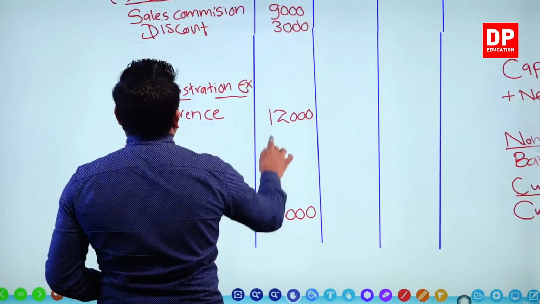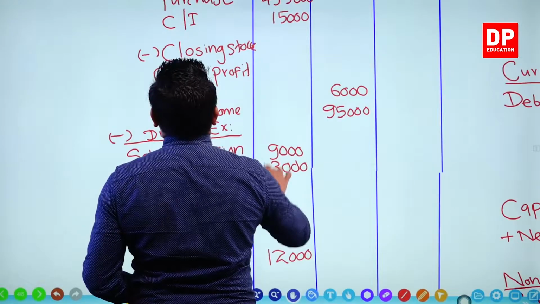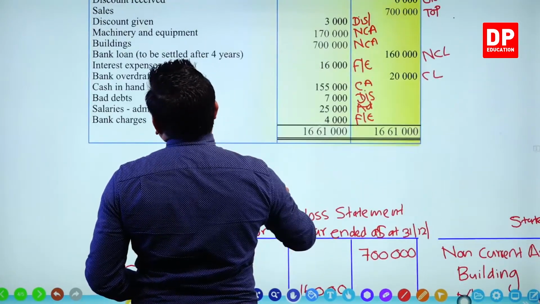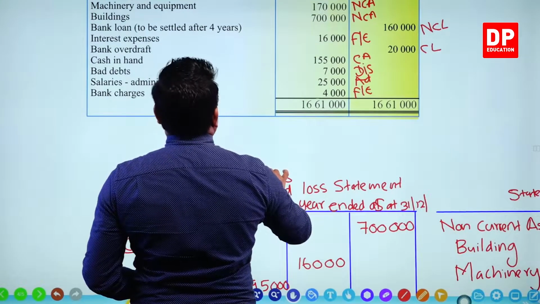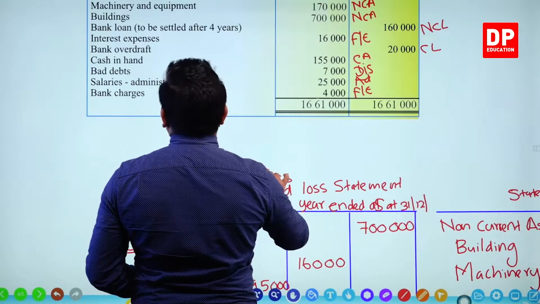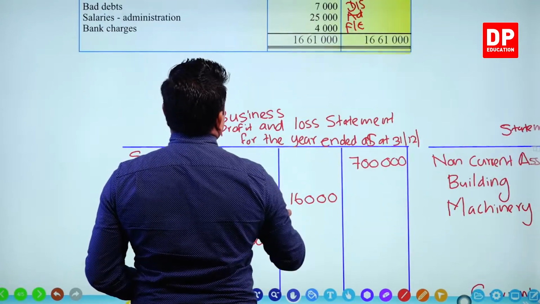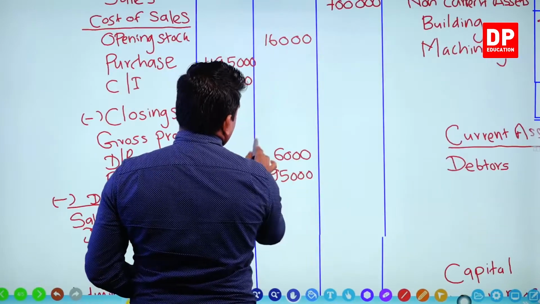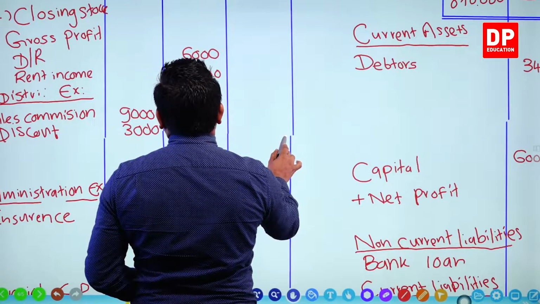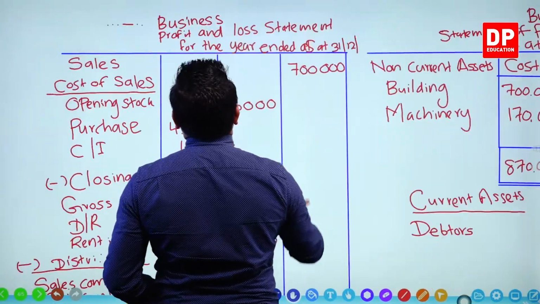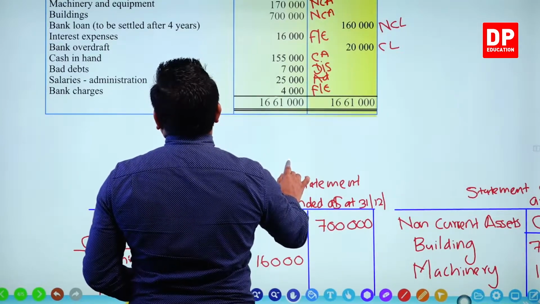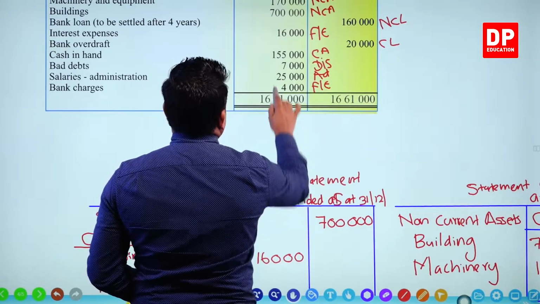Now, bank overdraft 20,000. Cash in hand 155,000. Bank overdraft, how much is the bank overdraft? 20,000.